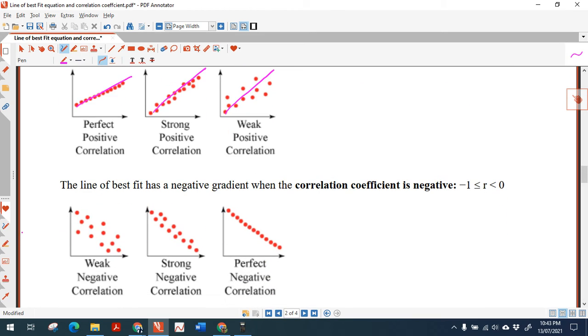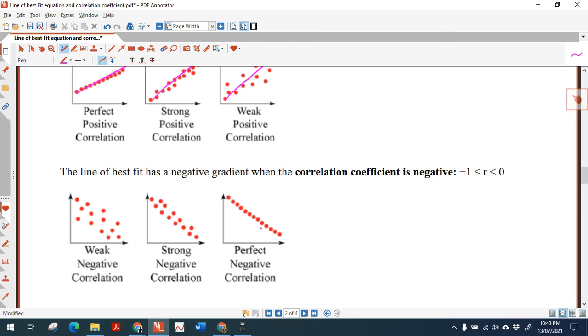Now, the line of best fit has a negative gradient when the correlation coefficient is negative. So all these scatter plots here have a negative correlation coefficient. And that means our line of best fit will also have a negative gradient. So if you draw some sort of line of best fit in there, obviously that is going down from left to right.